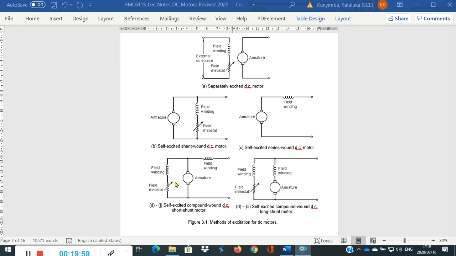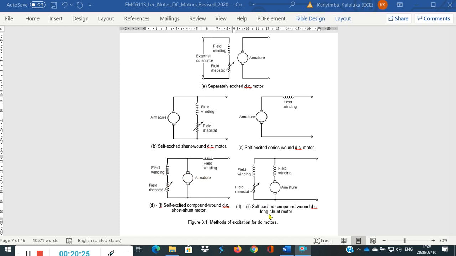Once again, we want to control the shunt field current by using a field rheostat. That is the short shunt. So to remember the short shunt, we simply say the shunt field winding is connected in parallel with the armature winding together, or the combination is then connected in series with the series field winding.